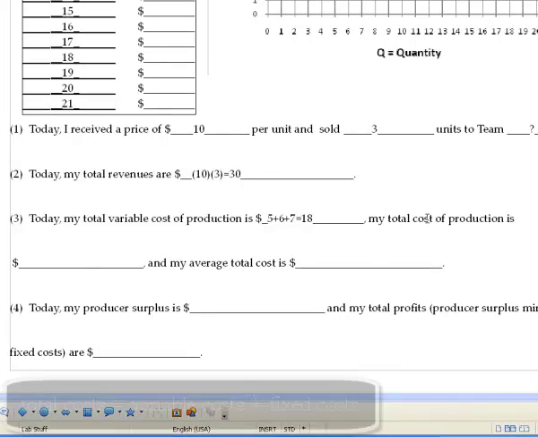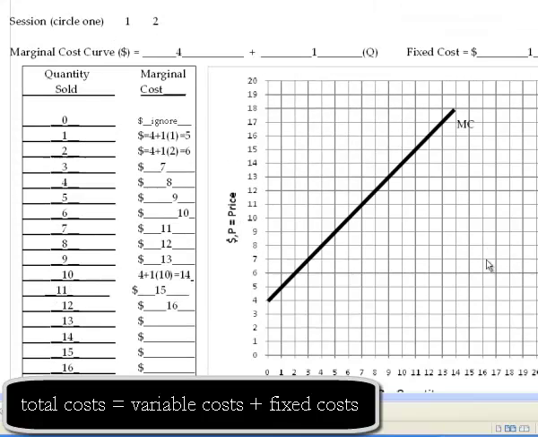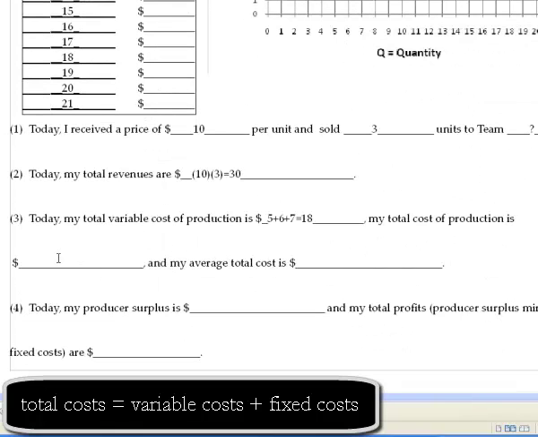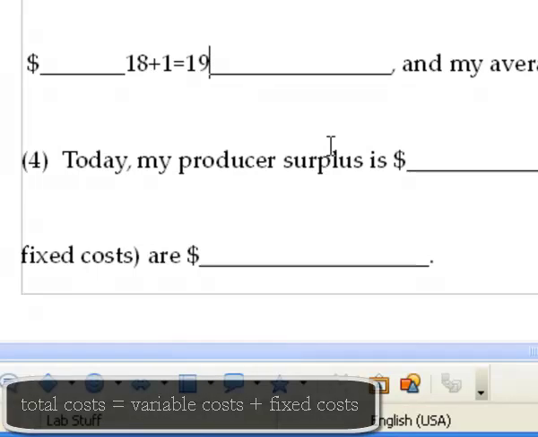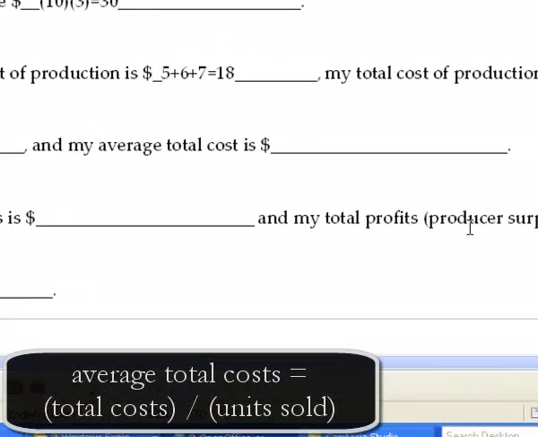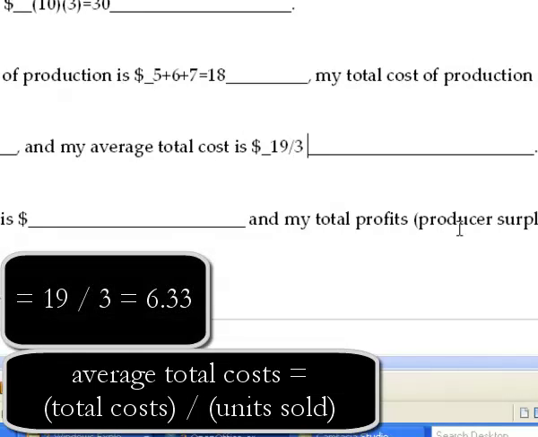Your total cost of production, that's your variable cost plus your fixed cost. Come up here, your fixed cost is 1. So your total cost of production is 18 plus 1 equals 19. Your average total cost, that's just where you take your total cost, 19, divide it by 3, and I'm going to explain why you would do this in just a second.